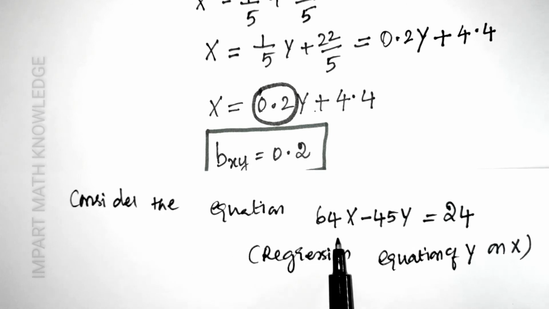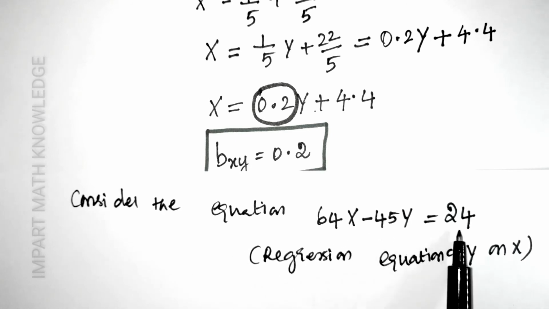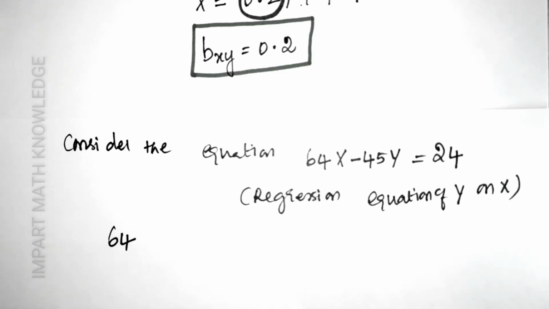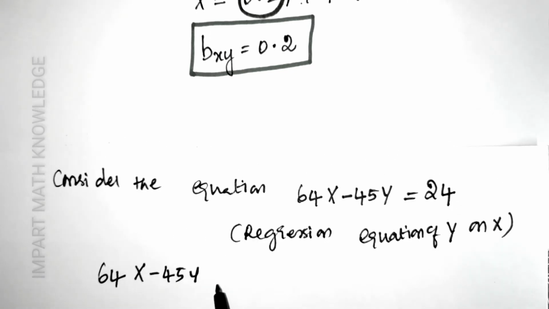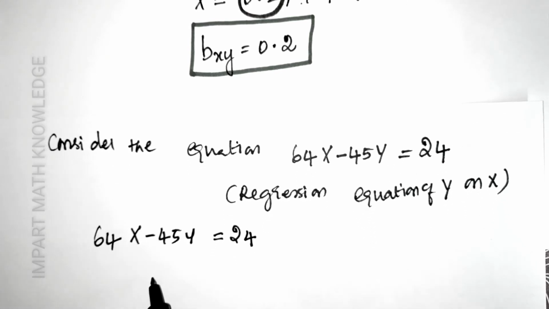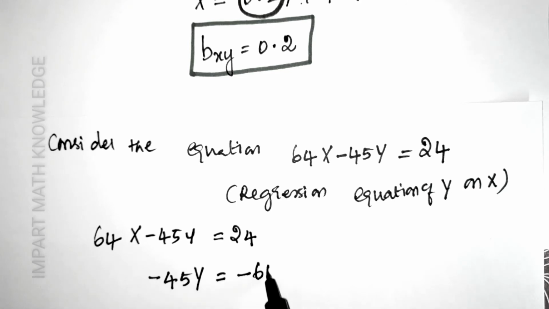Consider the equation 64x minus 45y is equal to 24. Let it be the regression equation of y on x. This can be written as minus 45y is equal to minus 64x plus 24.